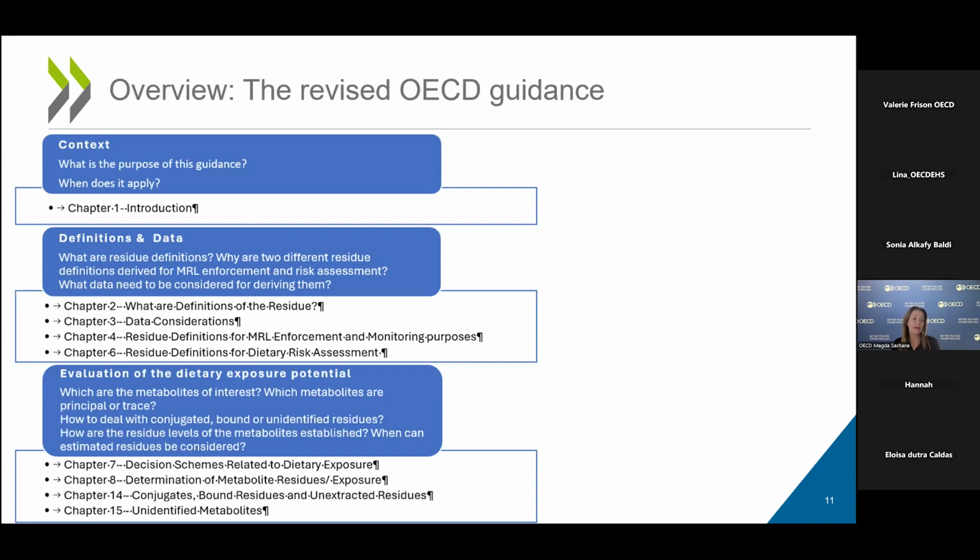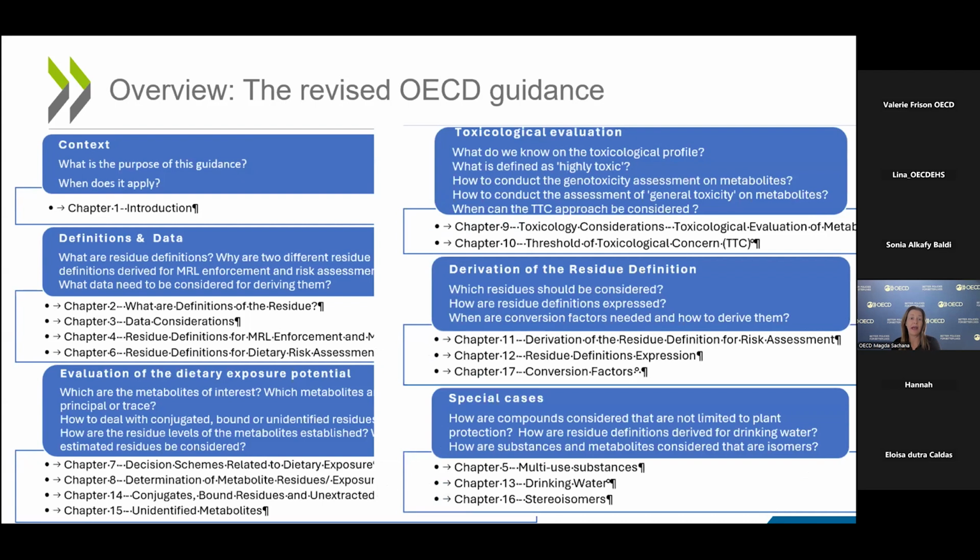So chapters 7, 8, 14, and 15 are more relevant, whereas for toxicologists, chapters 9 and 10 are more suitable for this expertise.